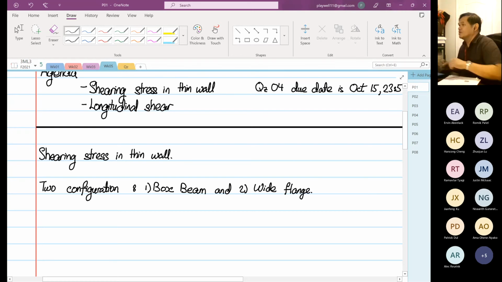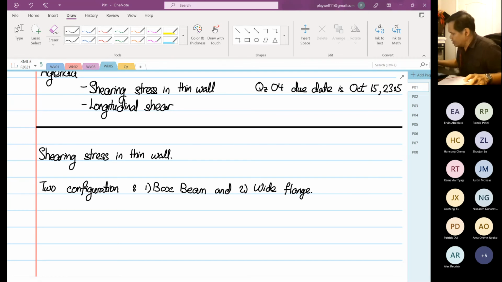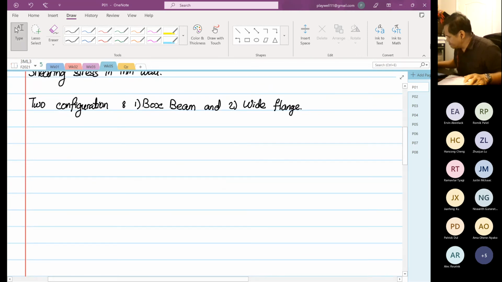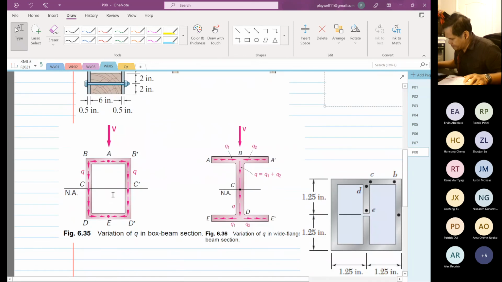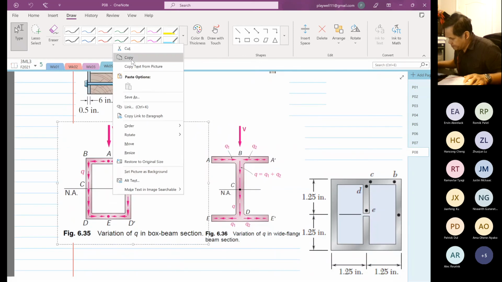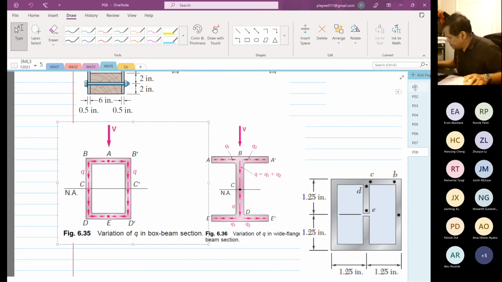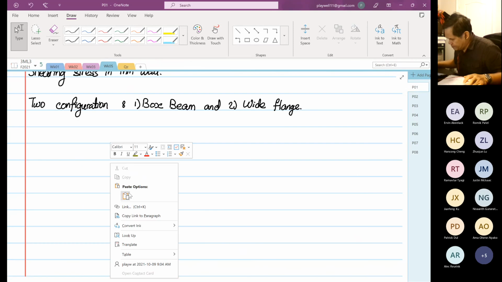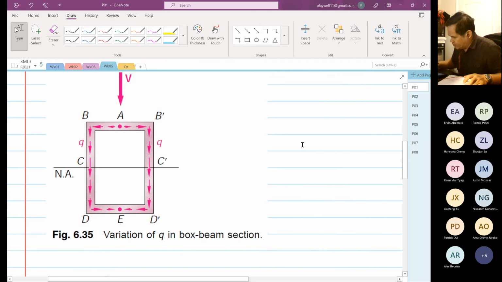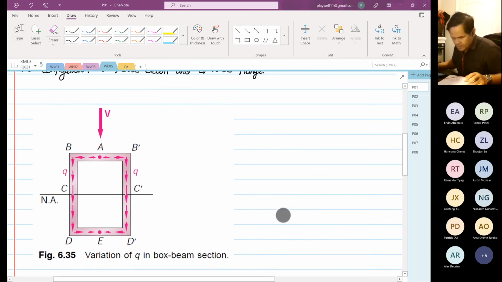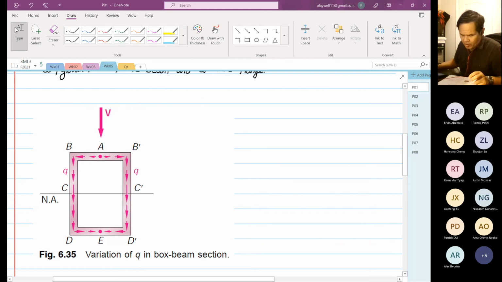On Avenue to Learn, I've posted some images that I will use today. Please go to Avenue to Learn to get all these images. The first image over here is what we call a box beam.